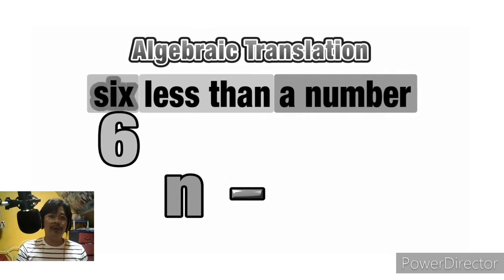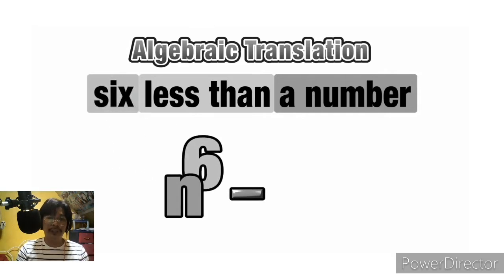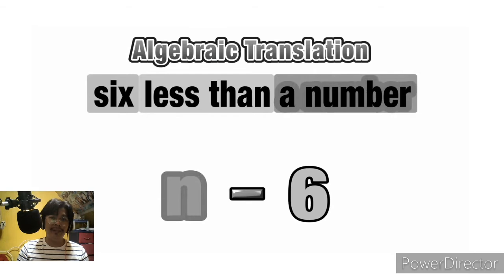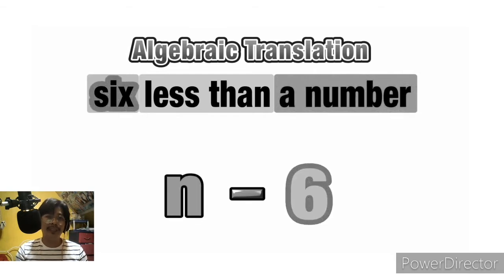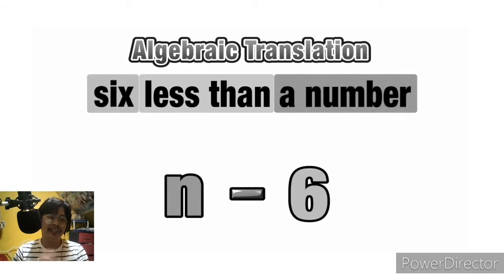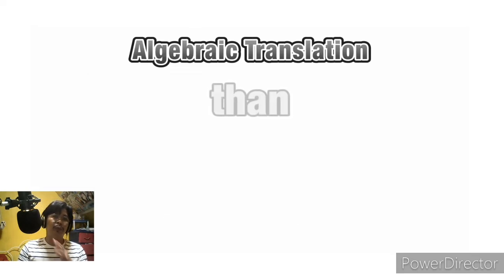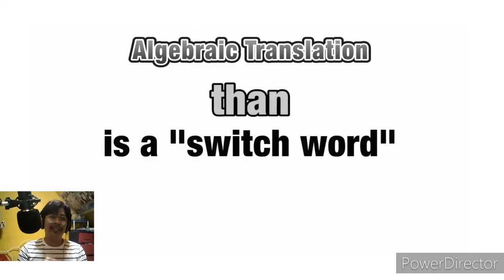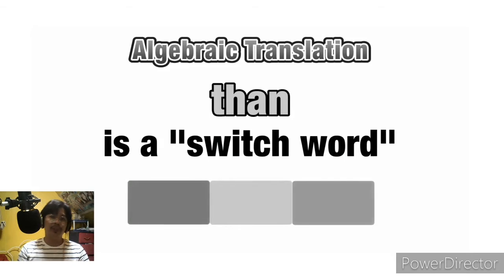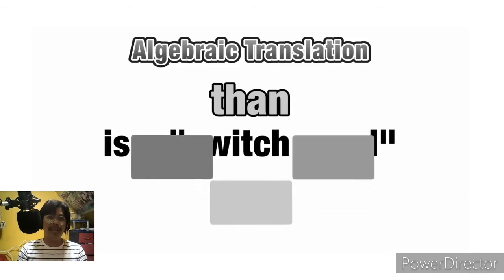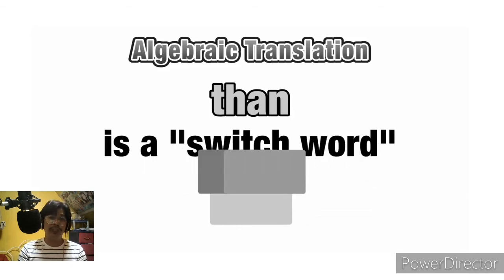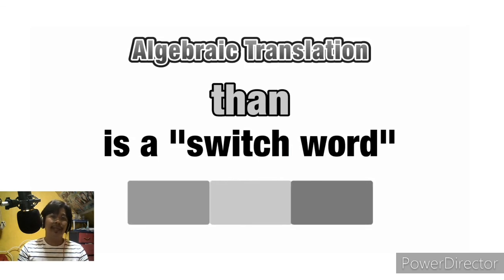So if we make it n minus 6, that is not the same as 6 less than a number. We can say that is 6 less than or a number less than 6. Than is a switch word.